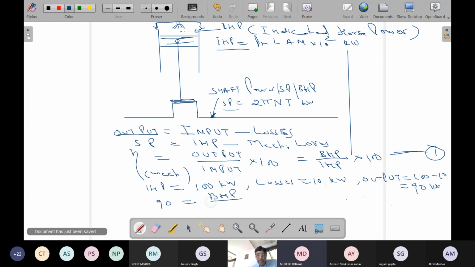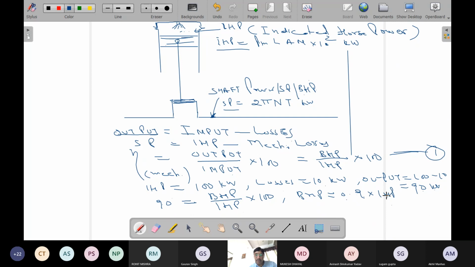Sir, you said efficiency 10%, therefore I said 10. No, efficiency is 90%, so it will be 90. So IHP into 100, right? If it is 90%, then 90 is written here, so I can safely say BHP is 90 into IHP over 100, that is 0.9. So we don't need the 100, we can directly do 0.9 into IHP.